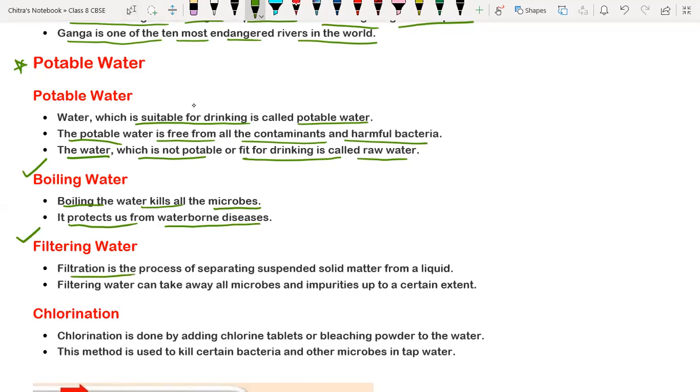Filtration is the process of separating suspended solid matter from liquid water. Filtering water can take away microbes and impurities up to a certain extent. That's why potable water must be boiled, filtered, and chlorinated.